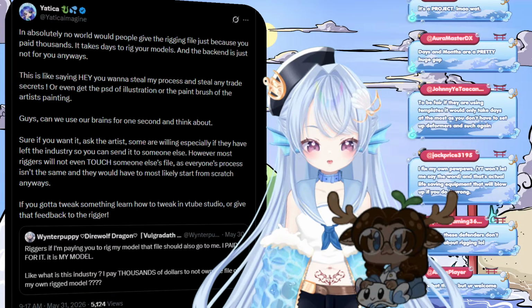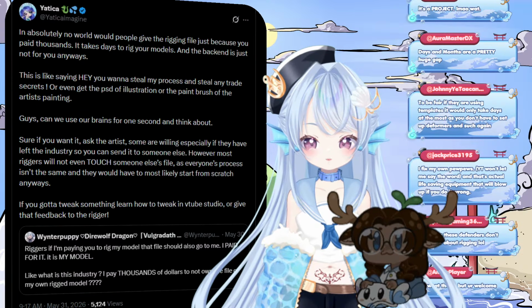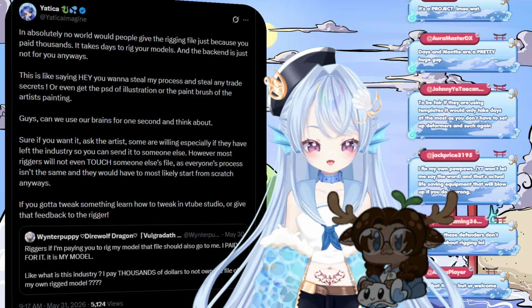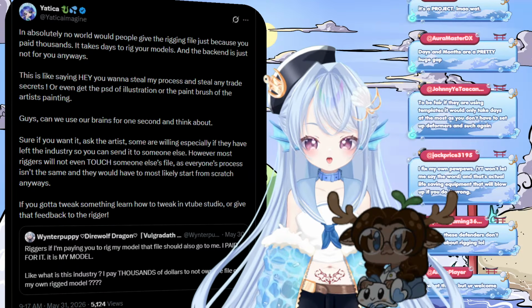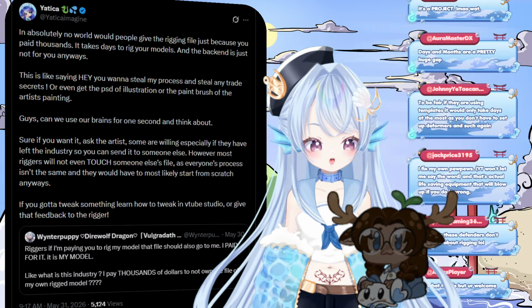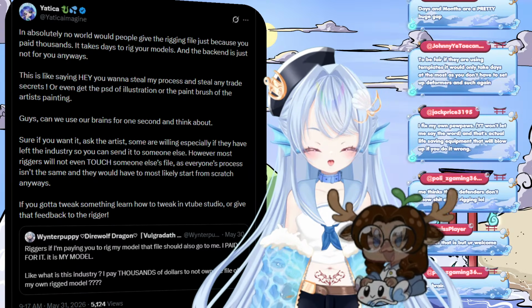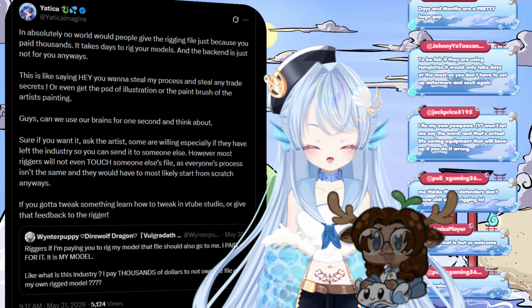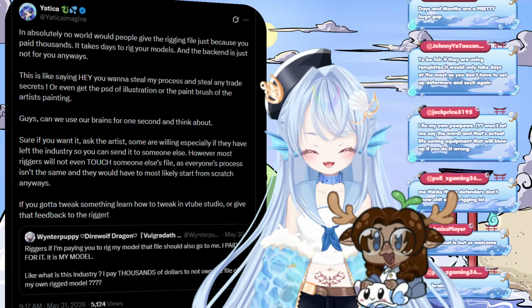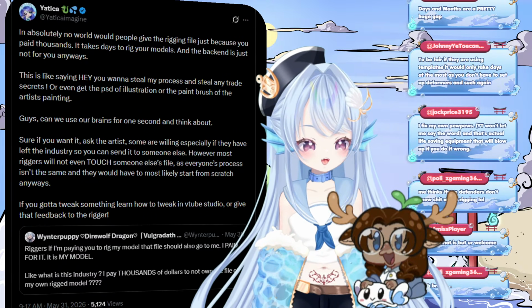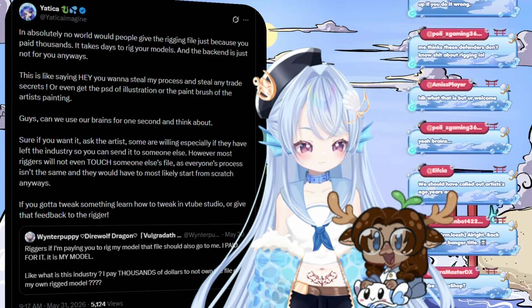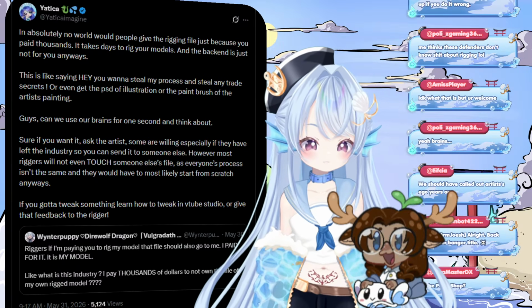I don't know why people are so convinced that this is an apt comparison. If you get an artist's PSD file, you're going to be like, oh look, things are on different layers. Also, they drew it. Not only that, but if the art is high quality enough, they're going to draw over it anyway because it won't look all that different.